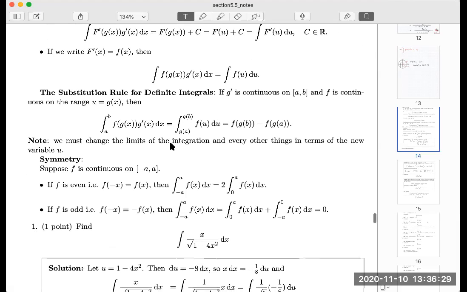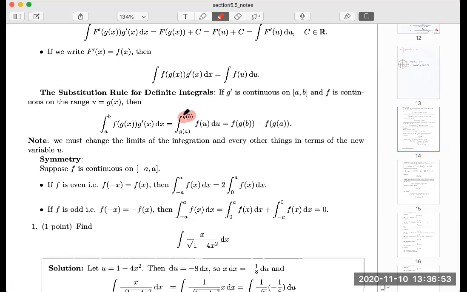And for definite integrals, the integral from a to b of f composite g times g prime dx becomes the integral of f of u du, but the limit is changed.